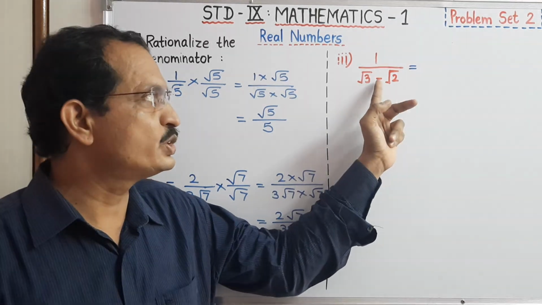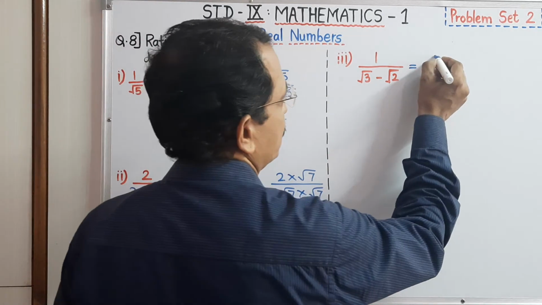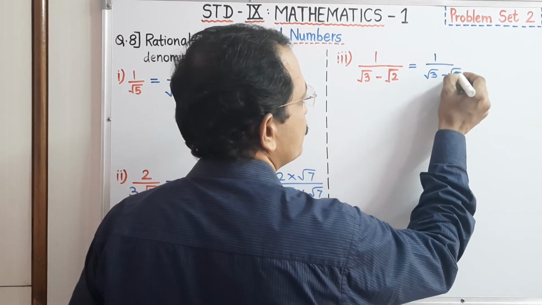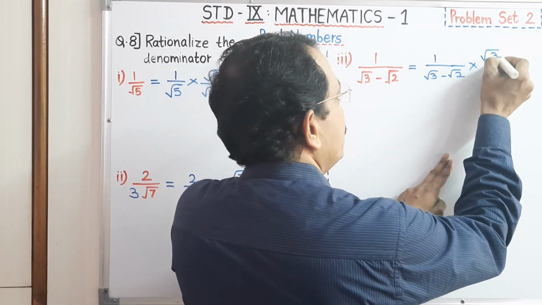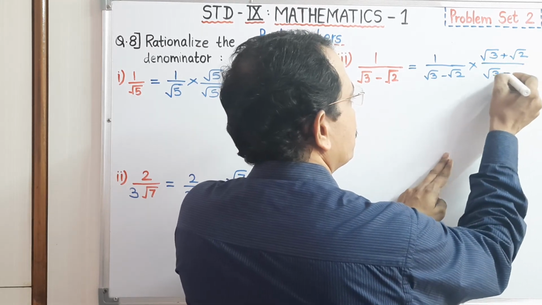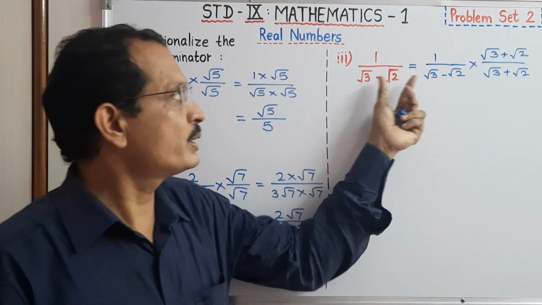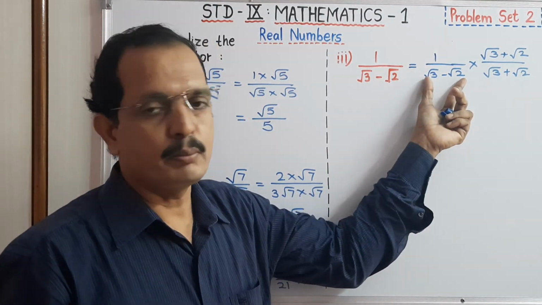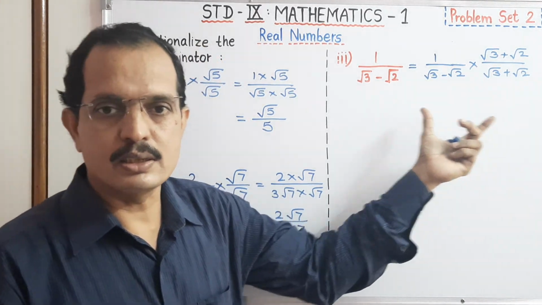Yes, we have to change only the sign. Instead of this minus sign, we have to write the plus sign. Therefore, here 1 upon root 3 minus root 2 multiplied with root 3 plus root 2 upon root 3 plus root 2. Any doubt? This is the conjugate pair, root 3 plus root 2 and root 3 minus root 2, because if we multiply, we get a rational number.